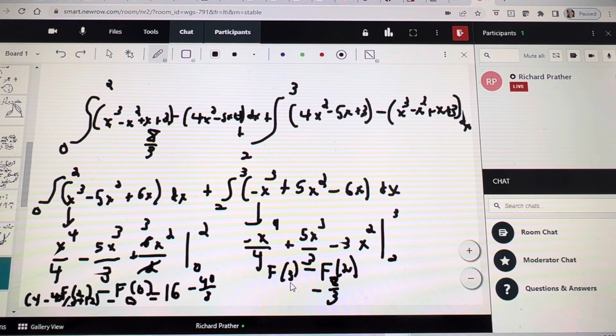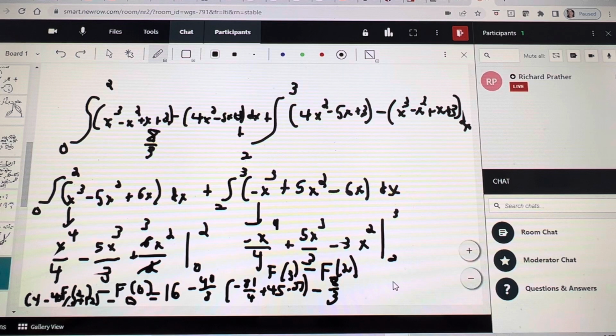So big F of 3, 3 to the 4th. 3 to the 4th is 81, so negative 81 over 4. Three cubed is 27, but then divided by this 3 could be 9. 9 times 5 is 45. 3 squared is 9 times negative 3 is negative 27.